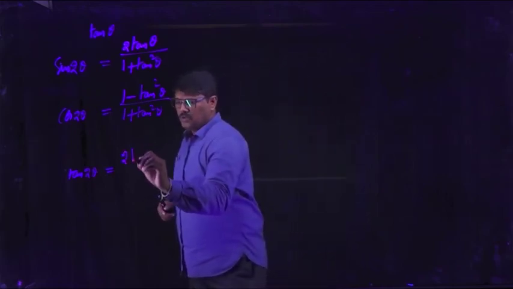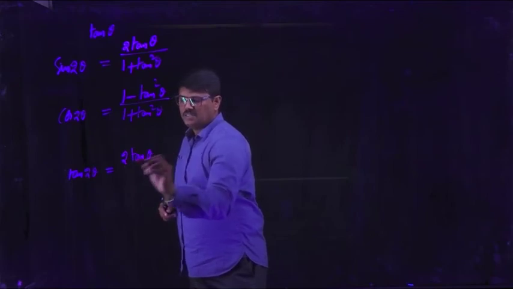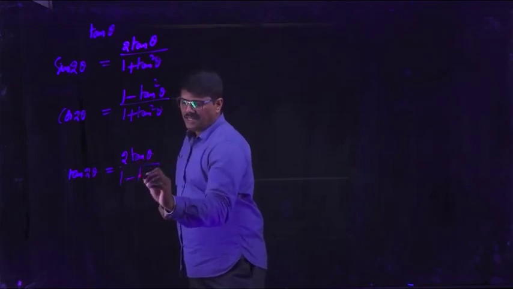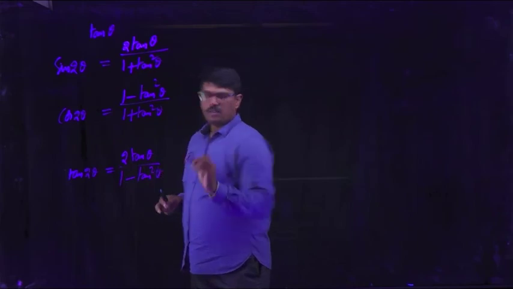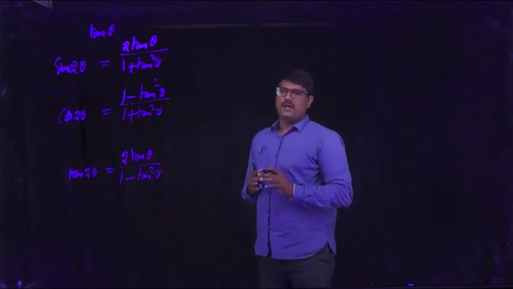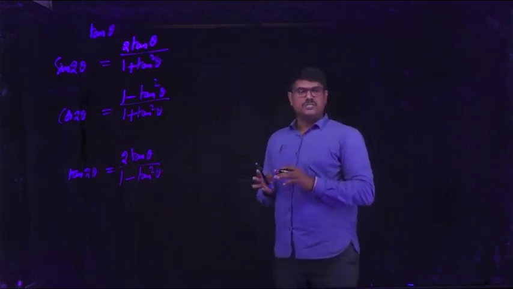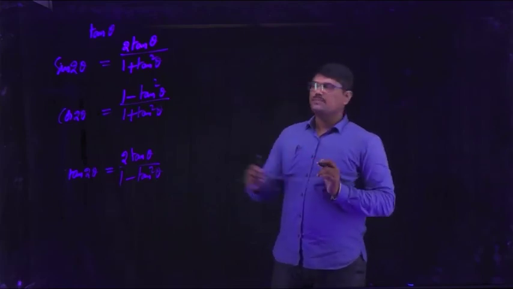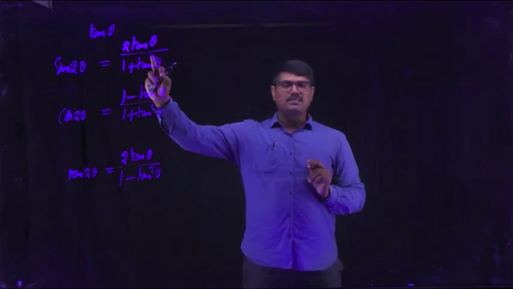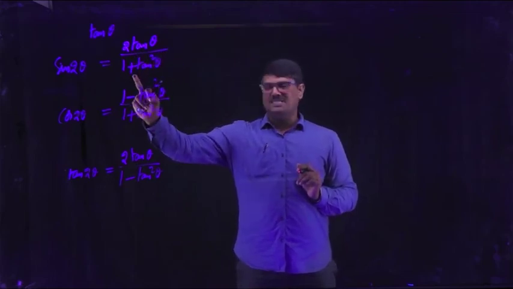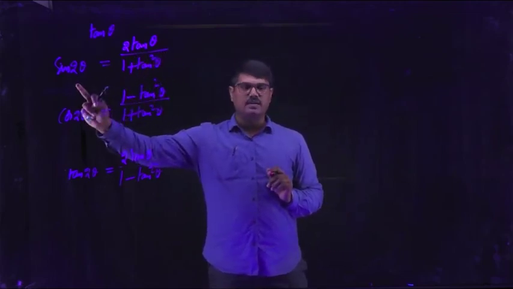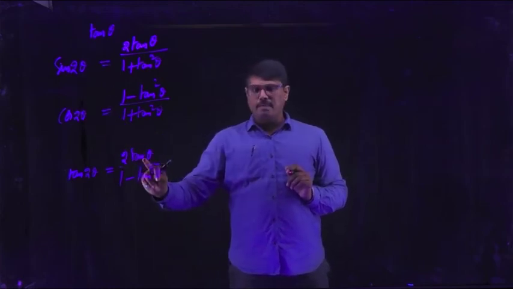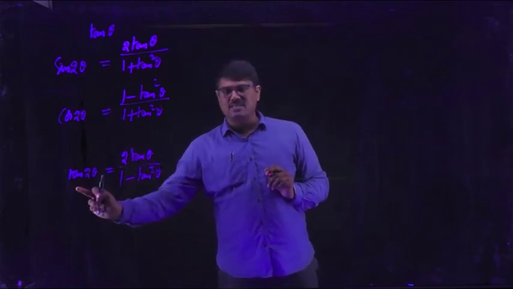And already we use this one, tan 2 theta is 2 tan theta by 1 minus tan square theta. So if you observe the formulas of sin 2 theta and cos 2 theta, both seem to be similar with a small change. Here remember like this: 2 tan theta by 1 plus tan square theta is sin 2 theta. 2 tan theta by 1 minus tan square theta is tan 2 theta.